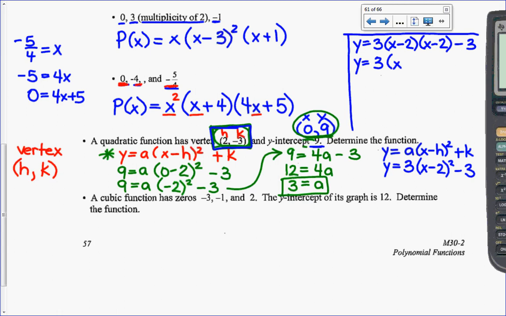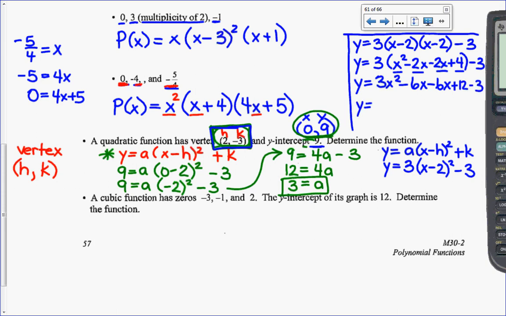That's x squared minus 2x minus 2x plus 4, and then minus 3. I have to multiply this 3 times each term in this bracket now. So that's 3x squared minus 6x minus 6x plus 12 minus 3.